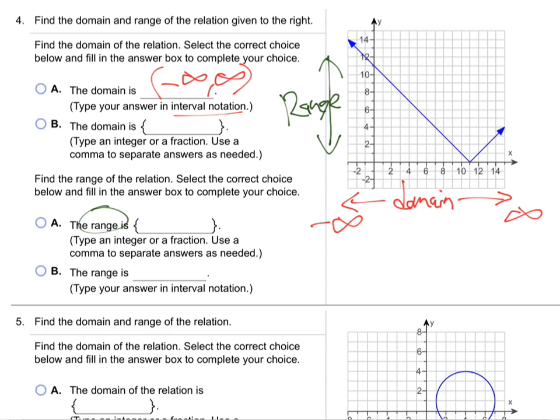Again, the order matters. You got to start with the bottom first. Bottom, and then the top. Just like for domain, it's left edge, right edge. For range, it's bottom, comma, top.